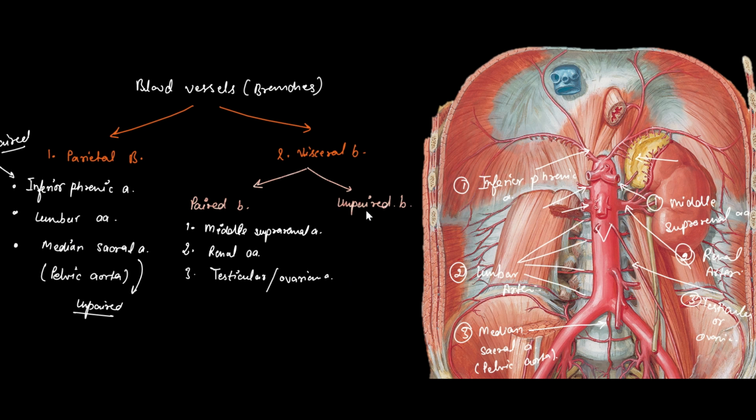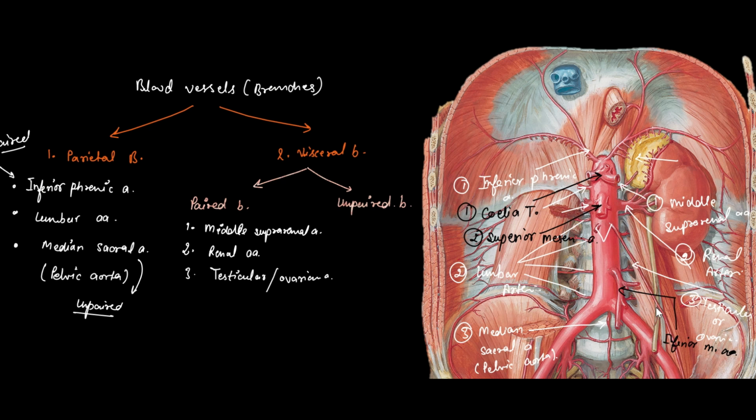Now let's look for the unpaired branches which are originating from the abdominal aorta. So the first one unpaired visceral branch is the celiac trunk. The second one comes the superior mesenteric artery, okay, and the third and the last one comes is the inferior mesenteric artery.